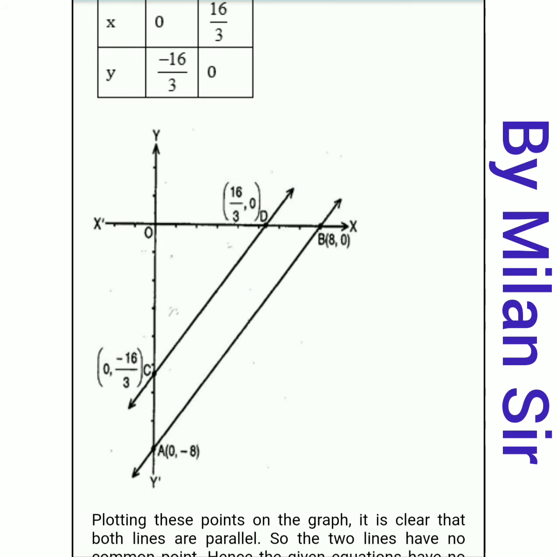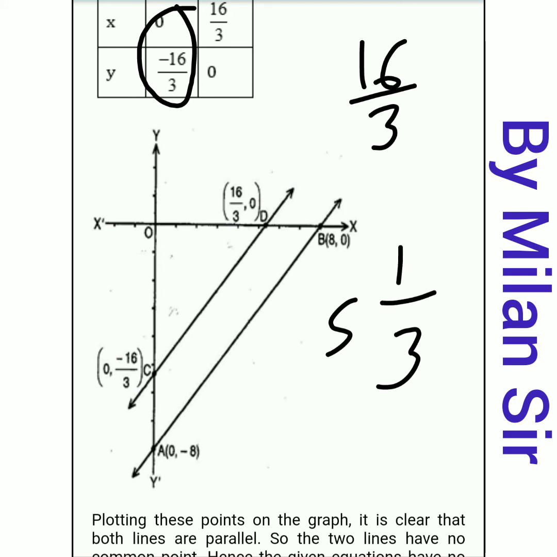Now for the second line, we have 2 points, 0 and minus 16 by 3. If we work out 16 by 3, we can write it as a mixed fraction, minus 5 integer 1 by 3.